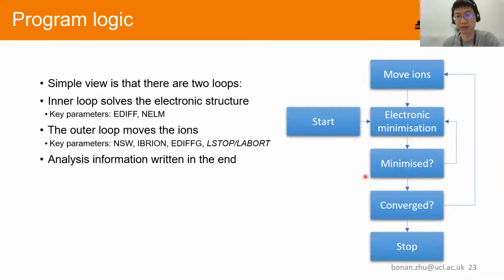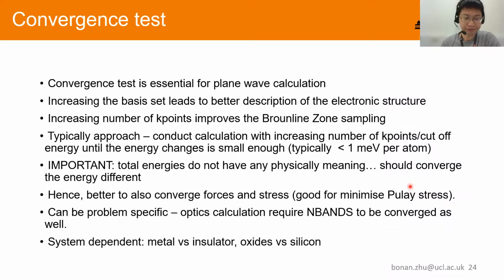Or if you're running an MD simulation, you're running an MD simulation. And it could be other things, for example finite displacement calculations, using VASP for phonon frequencies, things like that. Some analysis information would be written at the end, or also at the end of the electronic minimization.